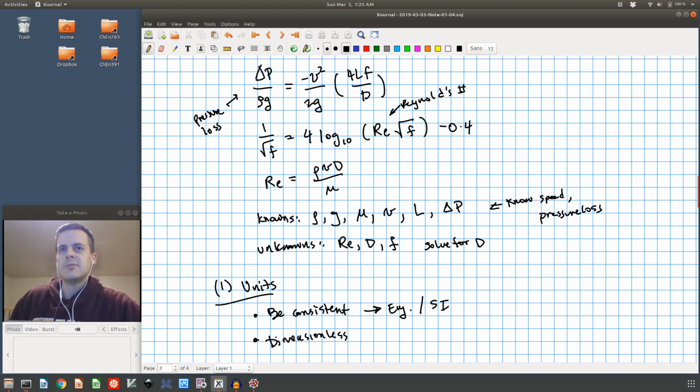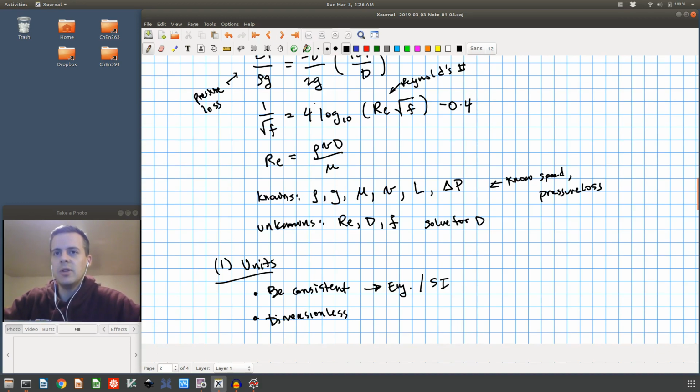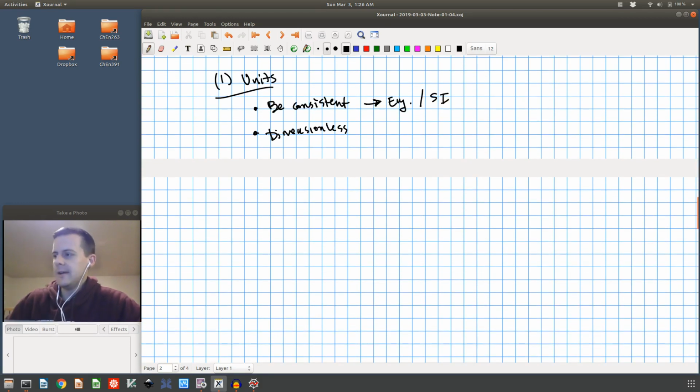You could divide everything by L, and then this would have no units either, and that might make this easier to do. Then you could just have equations without any units, just like the math problems we've been doing, so long as you plug everything in and cancel out all their units. So that's the first thing to worry about, just as a reminder.